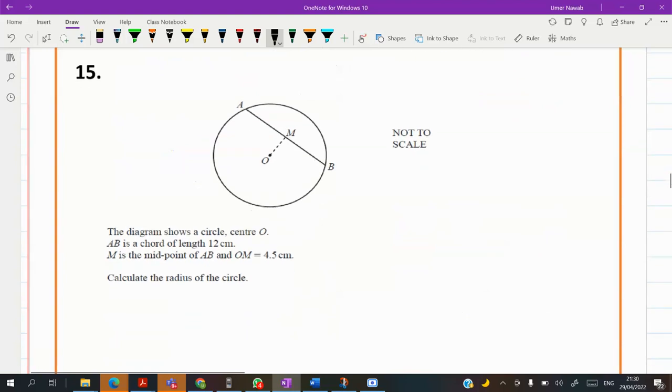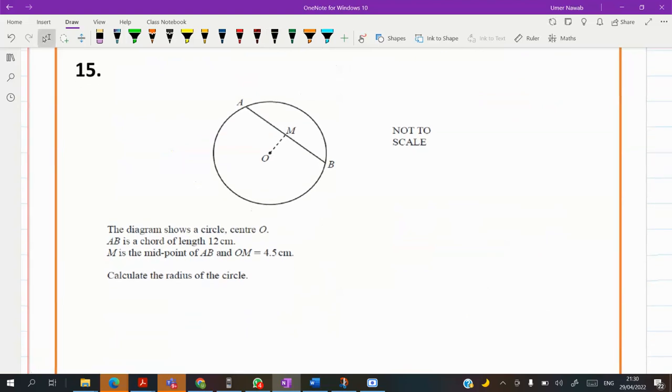Next thing, you remember, guys, when a chord is given and any line which is joining the midpoint, did he mention here? He said M is the midpoint. Wow, so it means that it is perpendicular. So OM is 4.5. AB is 12, so it is cutting at half, 6 and 6.